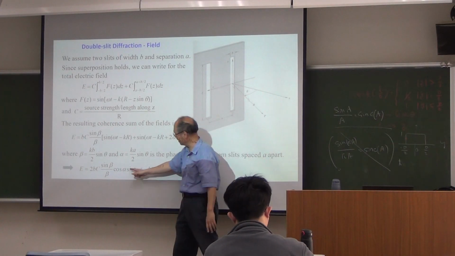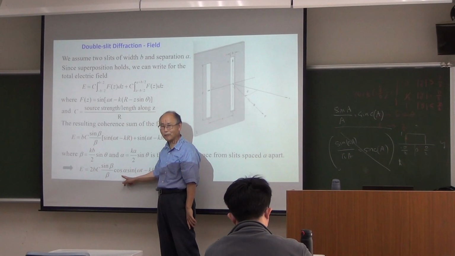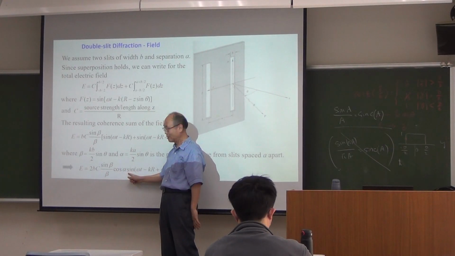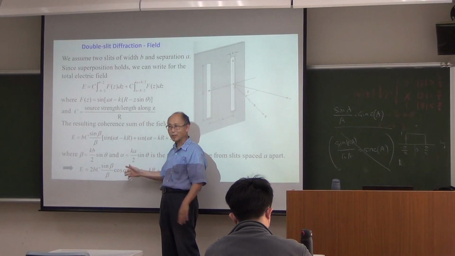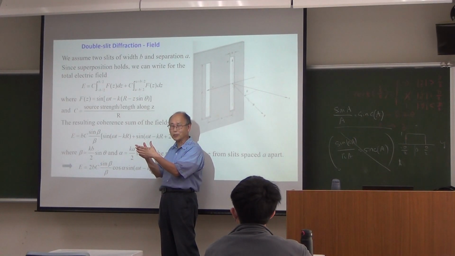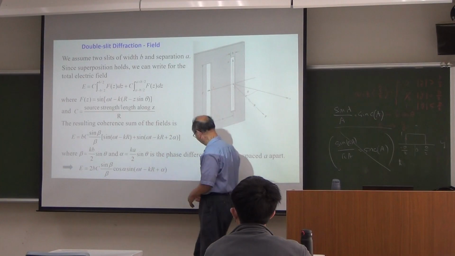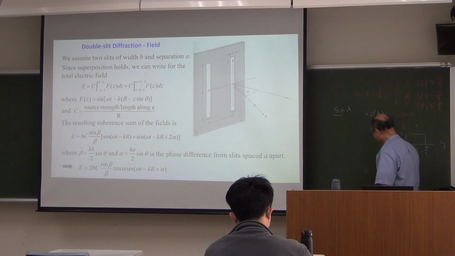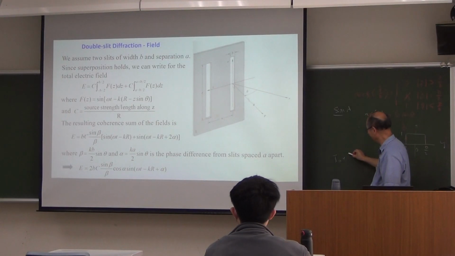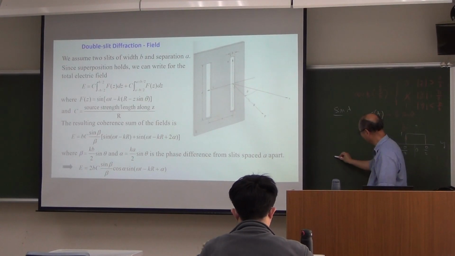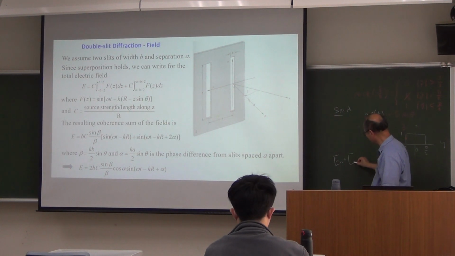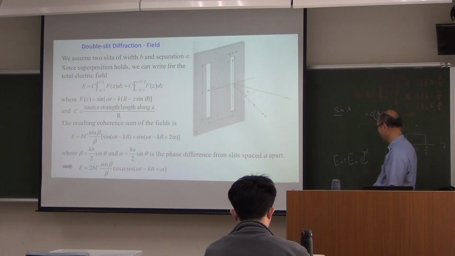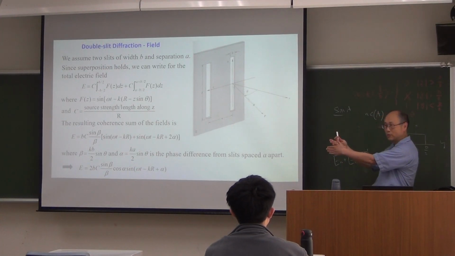So the interference term is cosine alpha. We did the two beam interference before. And this cosine alpha, right? Two beam interference, we did the calculation first. And we have two sources. Previously, you have E0 plus E0 exponential minus alpha i. You have two beam interference.